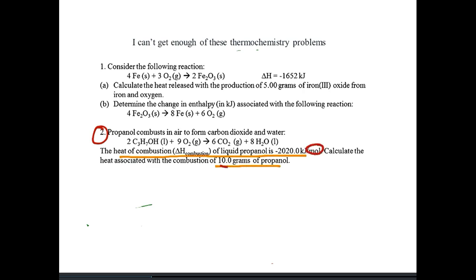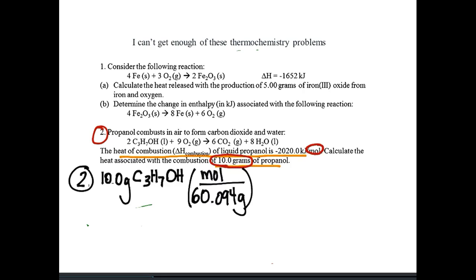And that's just saying that it's per mole. So we're going to convert 10 grams, figure out how many moles that represents, divide by the molecular weight, and that gives us 0.166. So it's a little more than 10 times less than 1 mole, right?